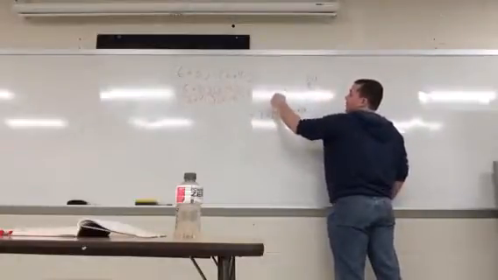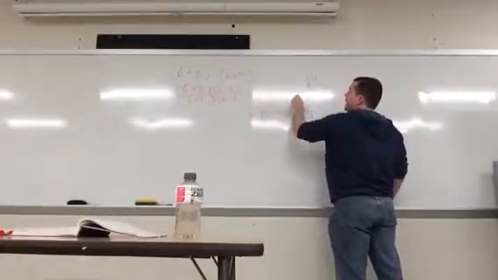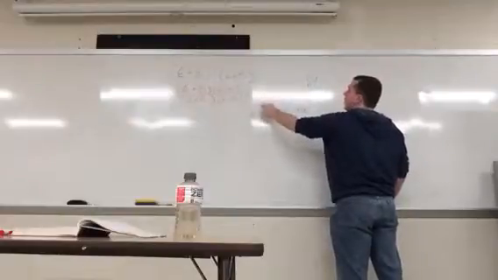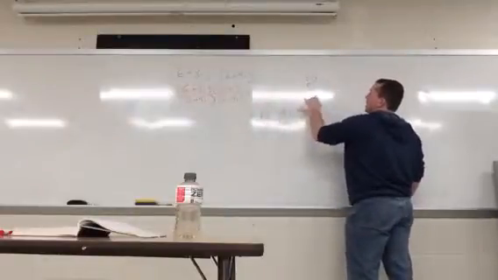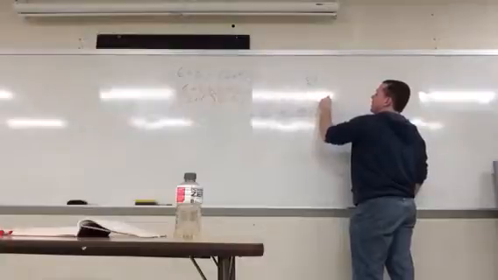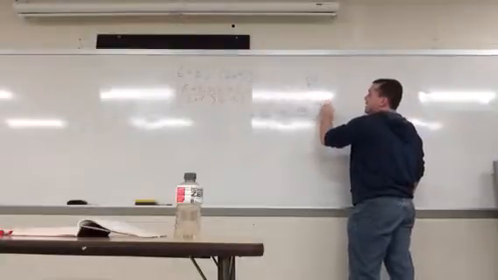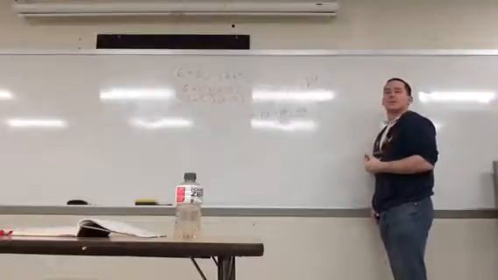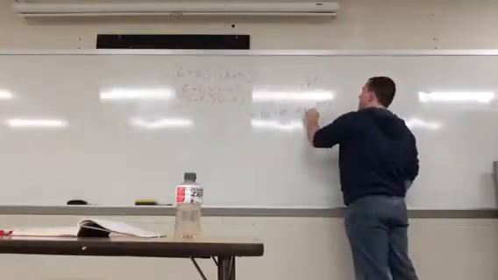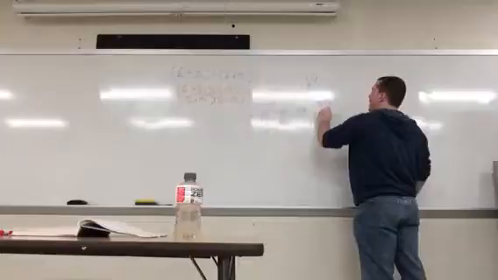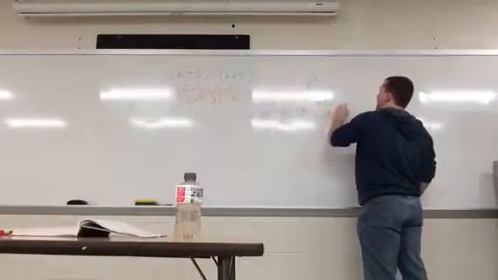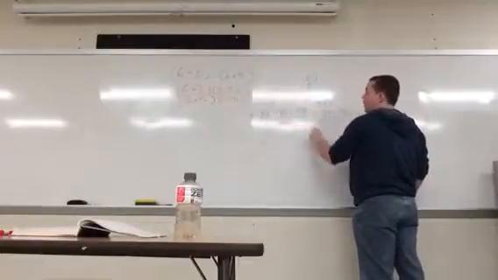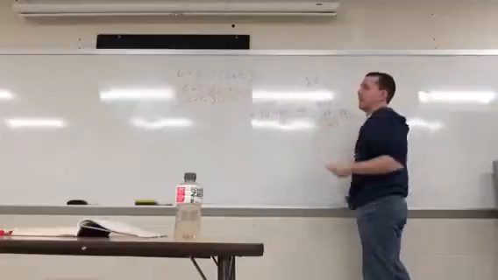Over, on the bottom, negative 8i plus 8i cancels. 4, once again, i squared is negative 1, so that's negative 16 times negative 1, which is positive 16. Keep going. 12 plus 12 is 24, minus 18i, all over 4 plus 16, which is 20.